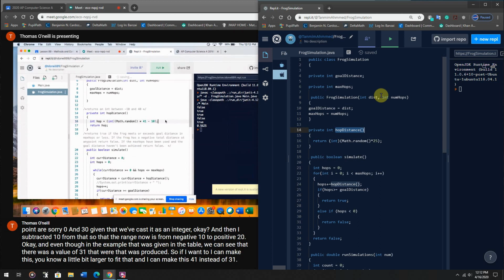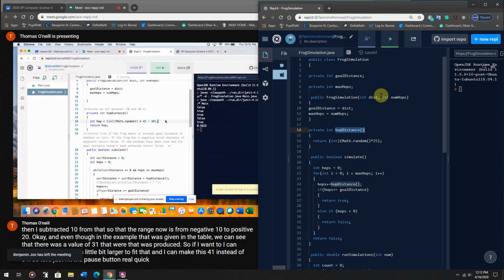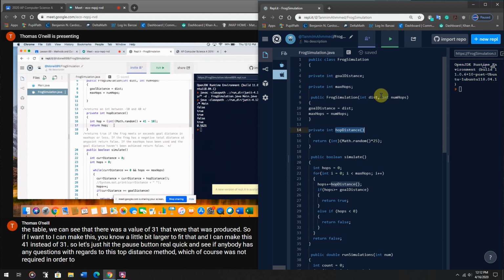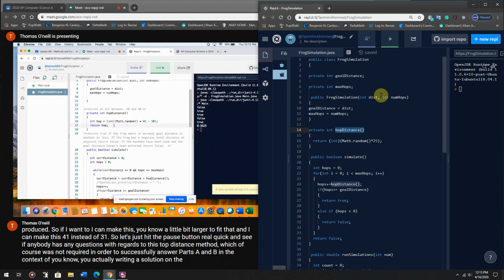So let's just hit the pause button real quick and see if anybody has any questions with regards to this hop distance method, which of course was not required in order to successfully answer parts A and B in the context of you actually writing a solution on the day of the AP exam.